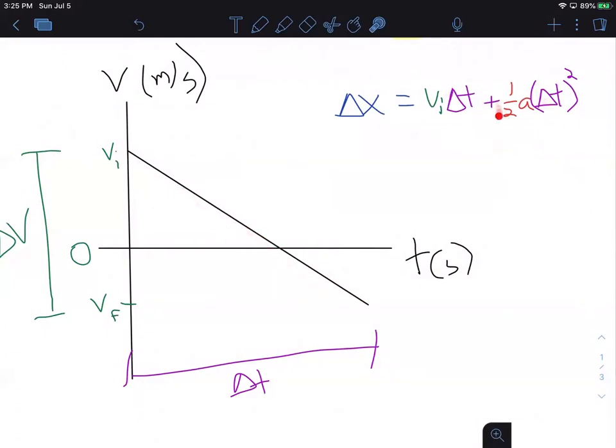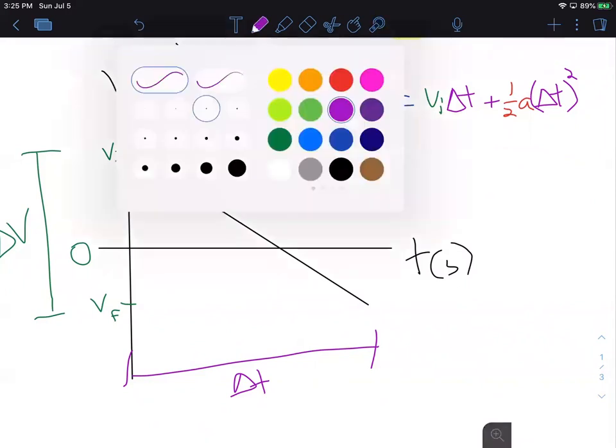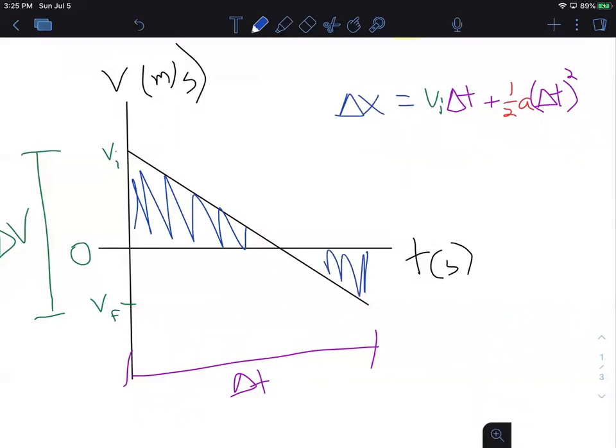So while these say they're adding, in reality when we plug in the negative for the acceleration here, we're going to get this value minus this value. All right, and this is represented graphically by this area minus this area, because this is on the negative portion of the graph, below the x-axis.